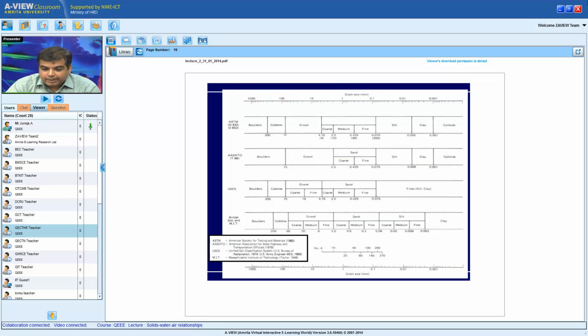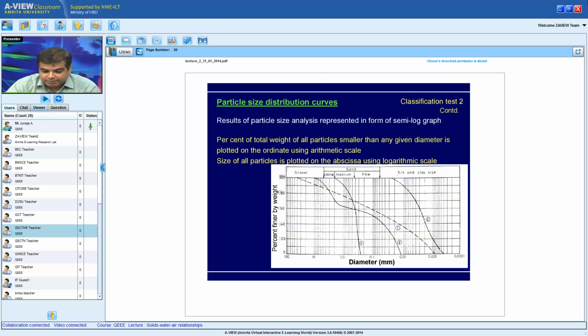Okay, let's move on to the next slide, please. We said the range is quite large, so what we have done here is plot a figure which shows on the horizontal axis, the abscissa, the particle size or diameter ranging from 0.001 millimeter, that is 1 micron, up to something like 100 millimeters.